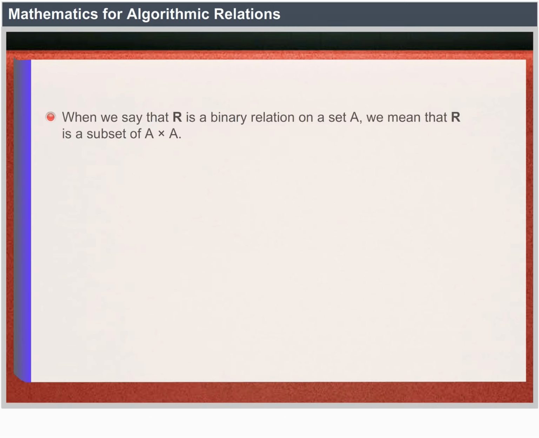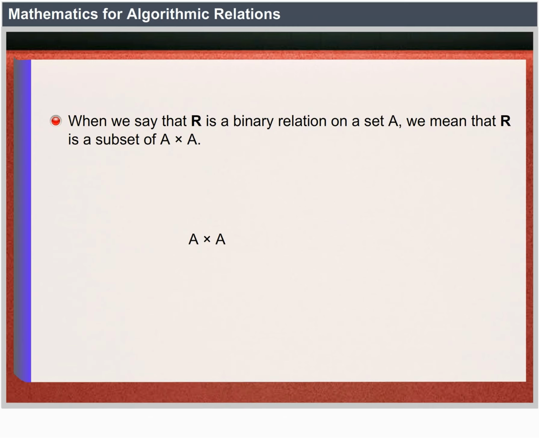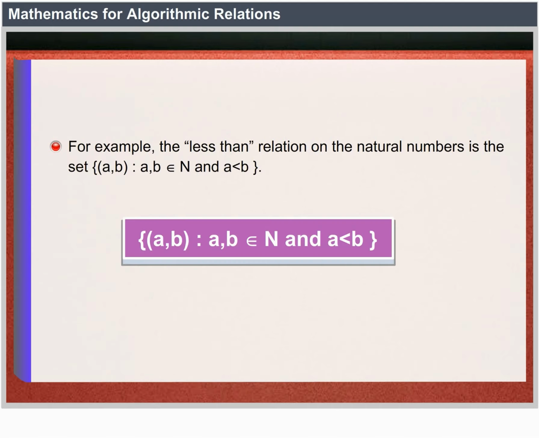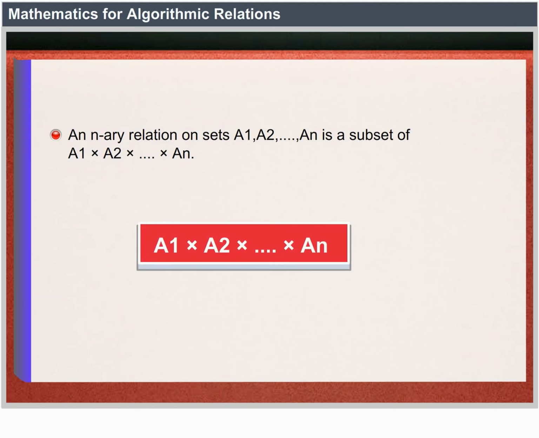When we say that R is a binary relation on set A, we mean that R is a subset of A × A. For example, the less than relation on the natural numbers is the set {(a, b) such that a, b belong to N and a < b}. An n-ary relation on sets A1, A2, ..., An is a subset of A1 × A2 × ... × An.